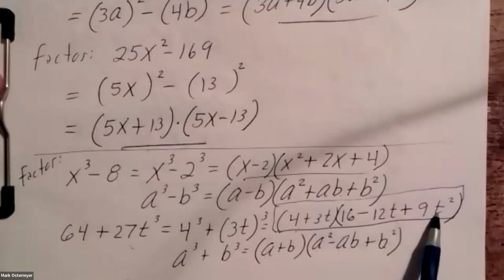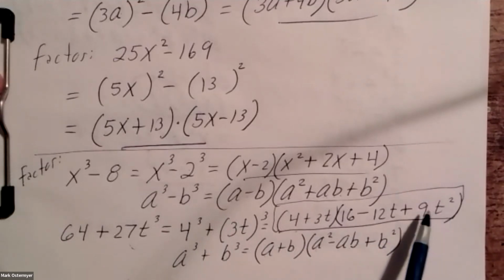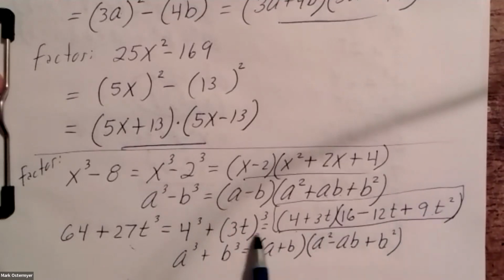Well, my B term here is what? My B is really 3t. So 3t has to go in here. What's 3t times 3t? 9t squared, because my B is 3t.